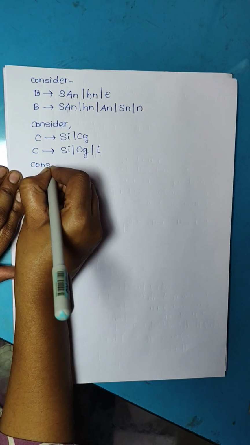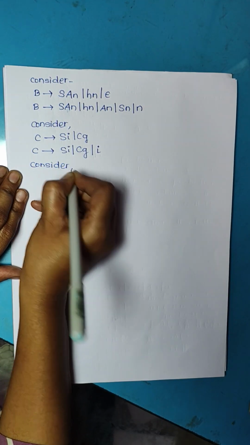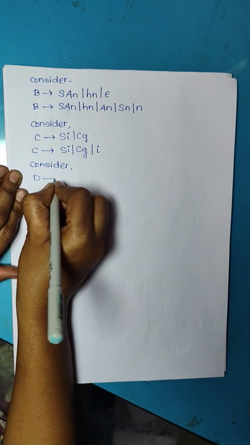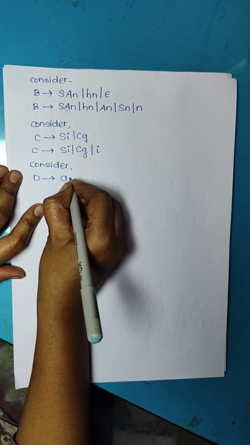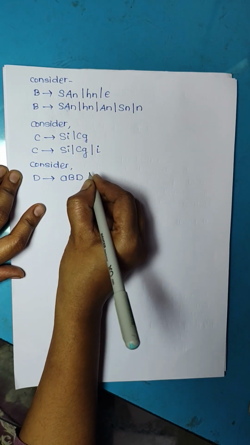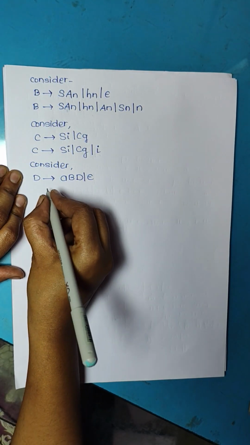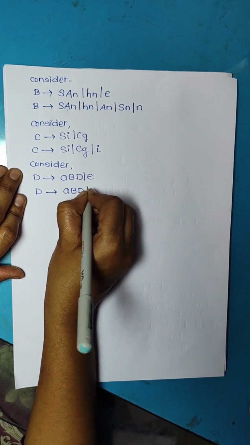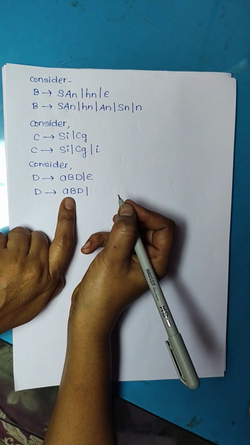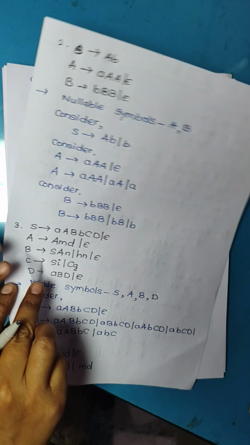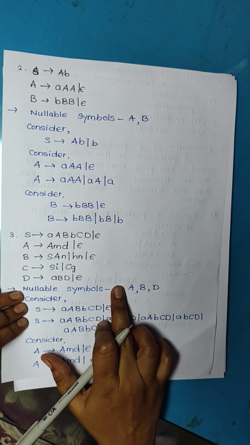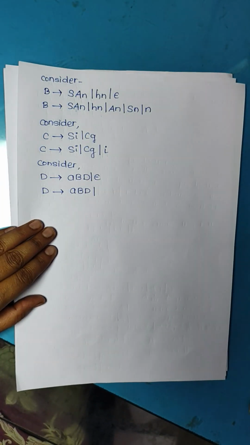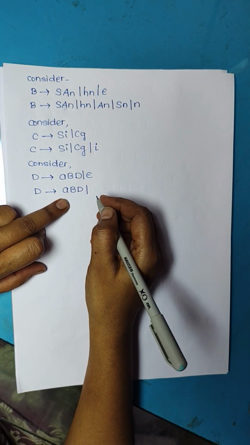Then consider the next production, that is D. D gives A, B, D or epsilon. Here D gives A, B, D. Nullable symbols are S, A, B, D. So here B is a nullable symbol.